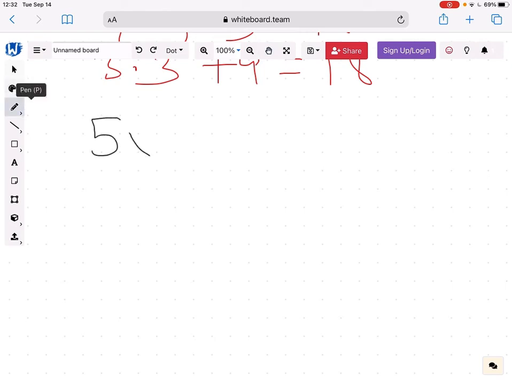So let's look at the equation 5x plus 2 equals 3x plus 7. Again, if I find my x, multiply by 5, and add 2, I should get the same number as if I take my x, multiply by 3, and add 7. So what x would satisfy this condition?